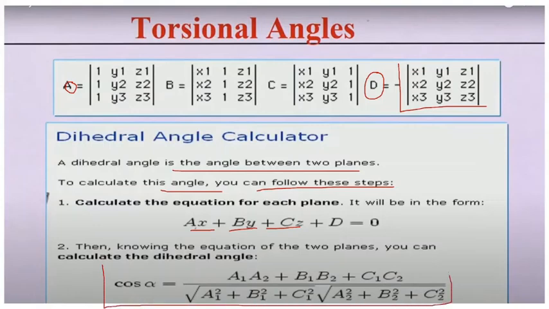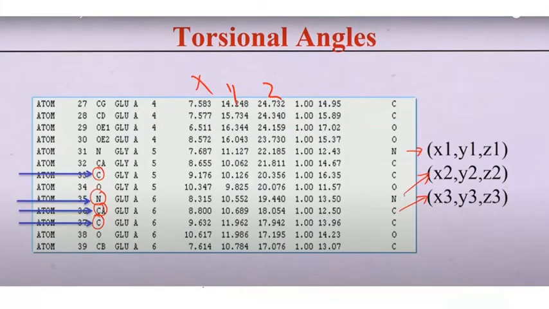The torsional angle is given by cos alpha. Based on these angles, we can get the x value, the y value, and the z value, in three dimensions. This is the atom, and the atom number is over here.